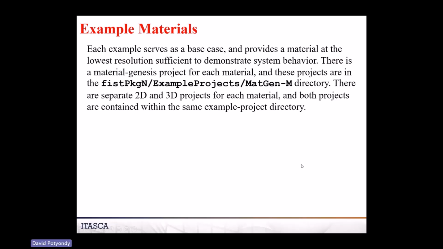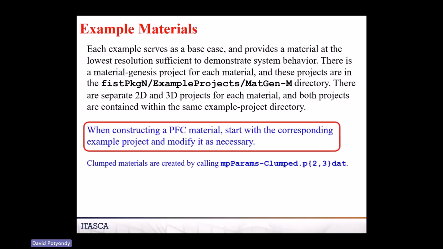So now, come to the examples. There is this example projects MatGen directory. So there's MatGen P-bond, MatGen C-bond, etc. Okay, those are examples. So what you want to do is start with that, run it, look at the behavior, make sure it makes sense, and then use that as your starting point.